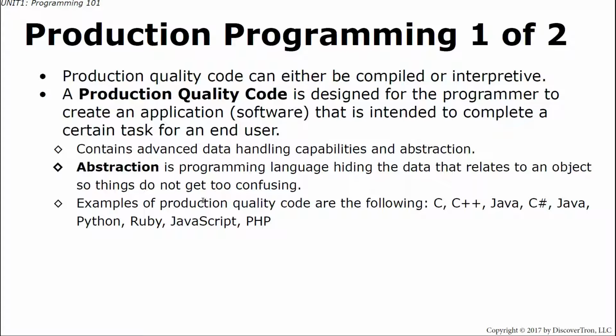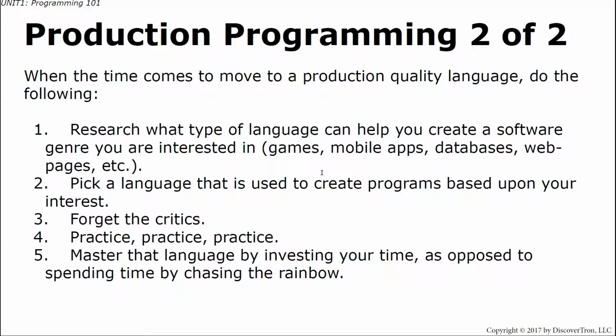But it's the programming language hiding a lot of details, so you as the developer don't get confused by too many details being thrown at you. That'll make more sense as we move along. And again, down at the bottom is a list of some different programming languages that are good for production quality code.